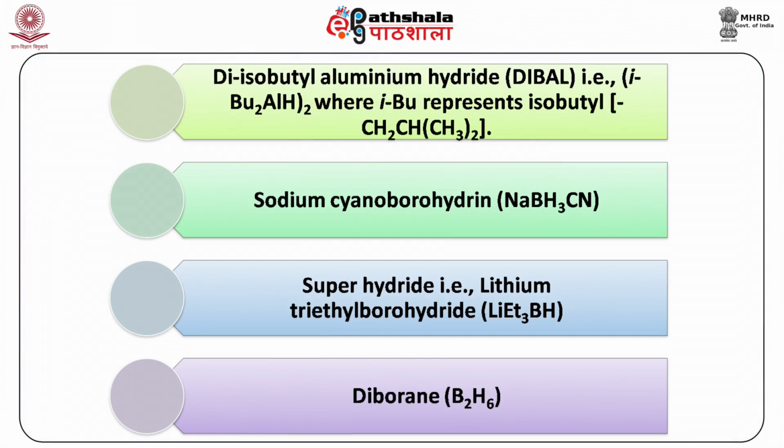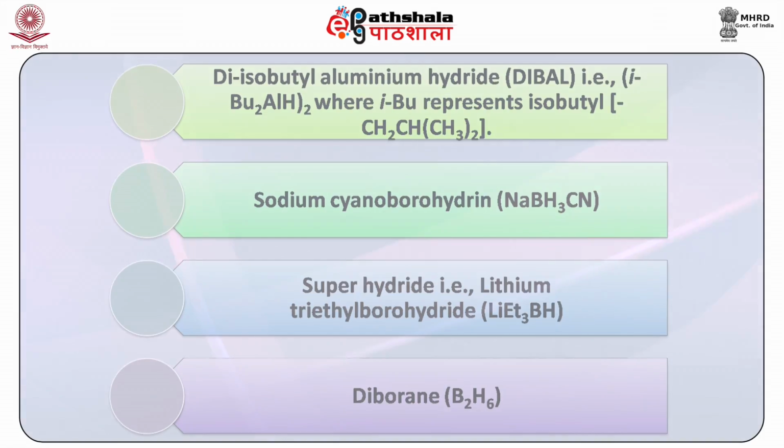And there are other examples of reducing agents which contain hydrides in them, and they are also commonly used as reducing agents in chemical synthesis, and as you can see here, that can be DIBAL, that is diisobutyl aluminium hydride, sodium cyanoborohydride, superhydride which is lithium triethyl borohydride, and diborane.